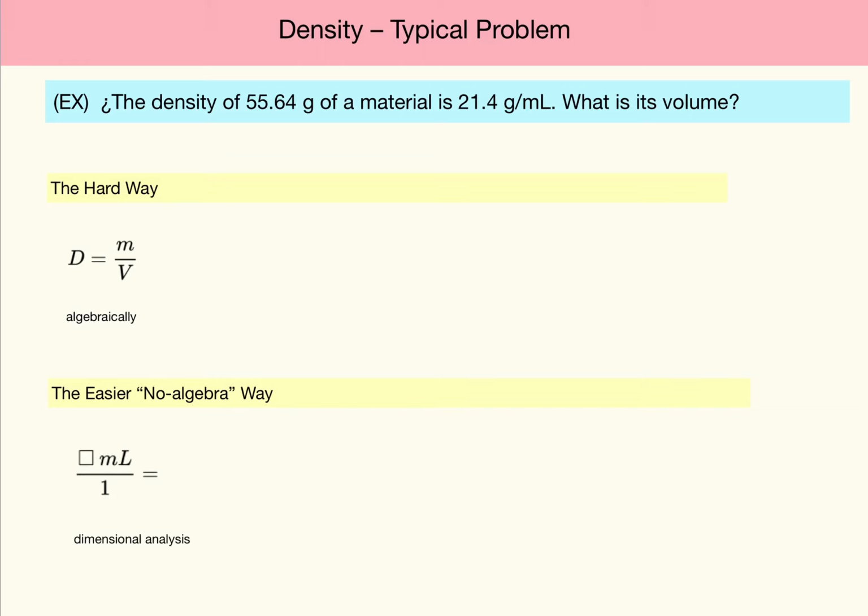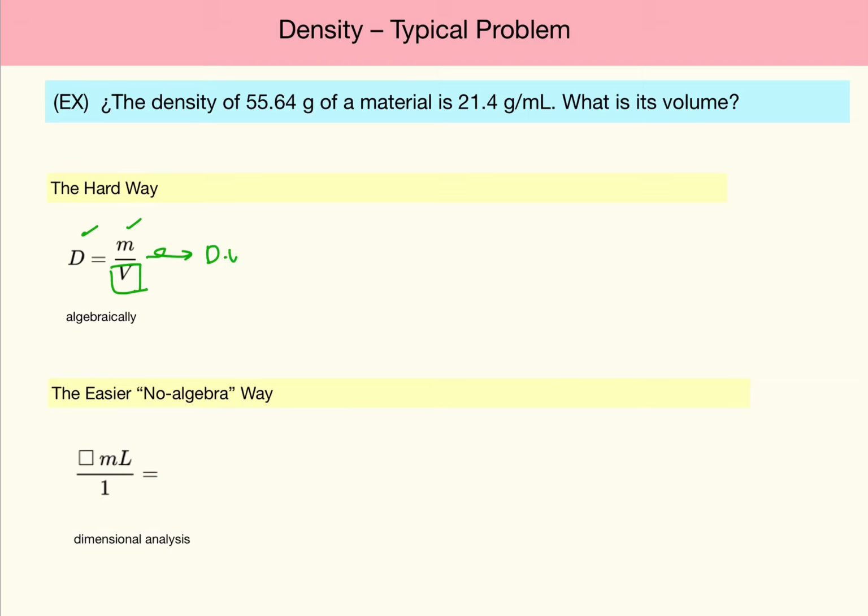Well, let's consider a more typical problem. The density of 55.64 grams of a material is 21.4 grams per milliliter. What is the volume? Working that out algebraically, we can't simply substitute. What do we have to do? Because we are looking for volume and we know these two, we now have to perform a little algebra.